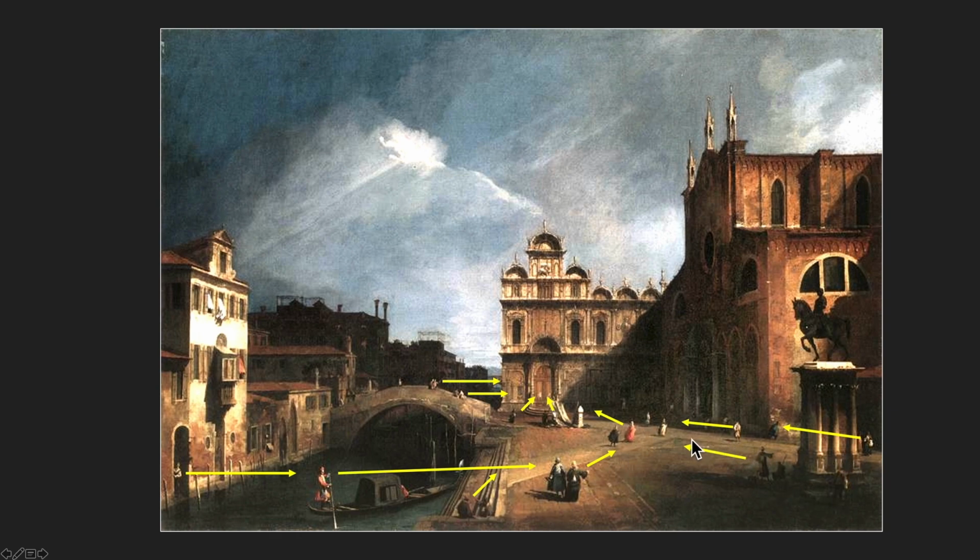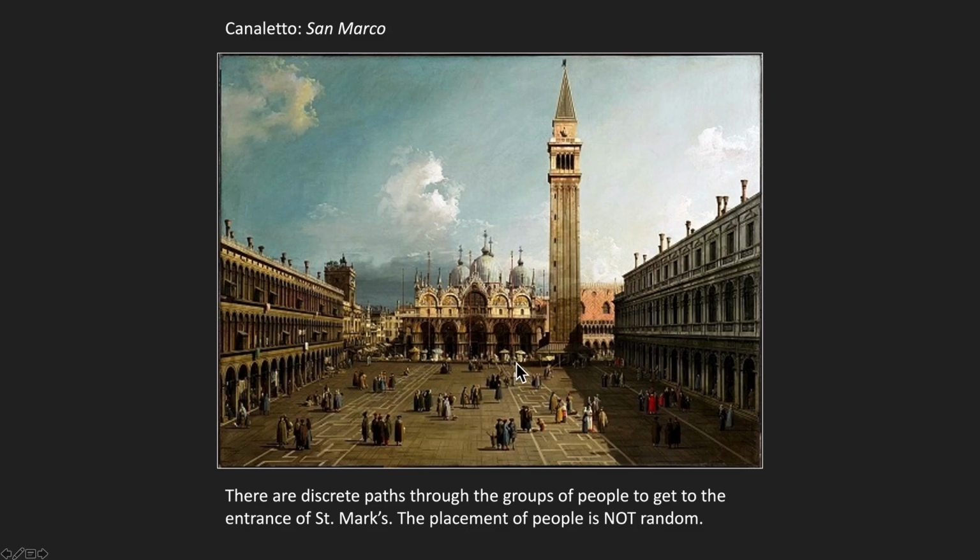These people are looking this way, these people are looking this way, and they are all taking you back to the architecture, which, like us, is his primary purpose. He didn't care who these people are. They are there for scale, and in his case, they are there to give direction to the eye. And notice he gives you a way in without anybody there, and all of these people take you straight to the back.